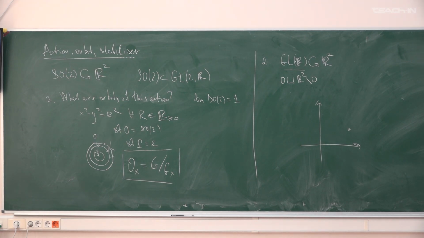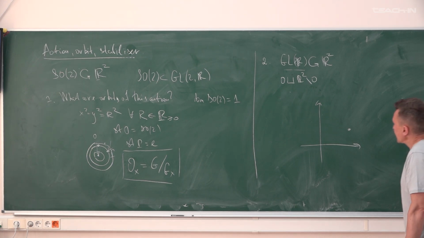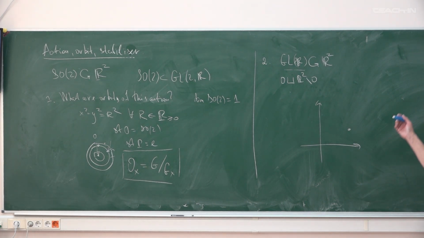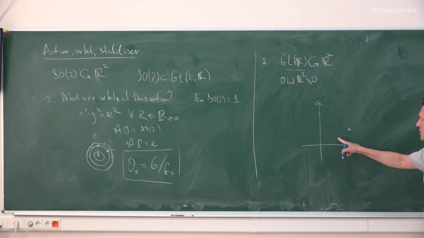So we should find some other transformations which stabilize it. Well, a reflection. A reflection is an orthogonal transformation. Okay. Just general linear transformations.